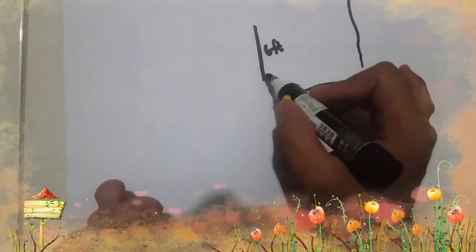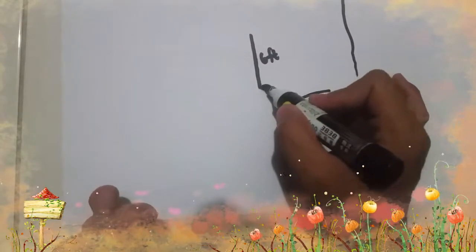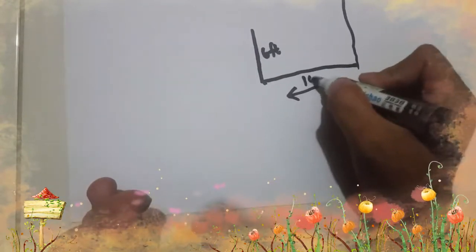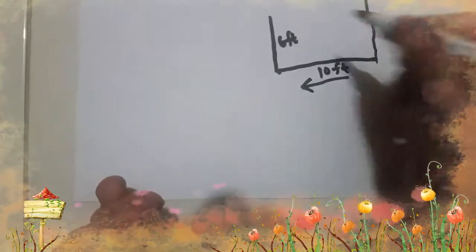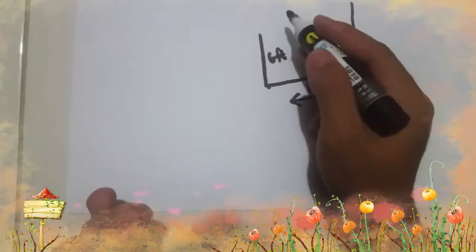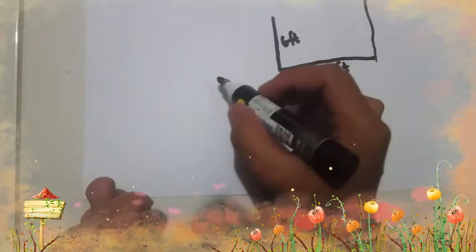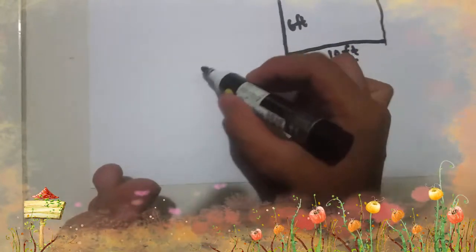So this is the person, and this is the lamppost. When he is 10 feet away from the lamppost, the shadow of the person is 20 feet, right?